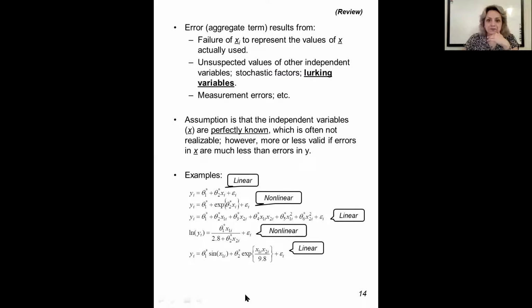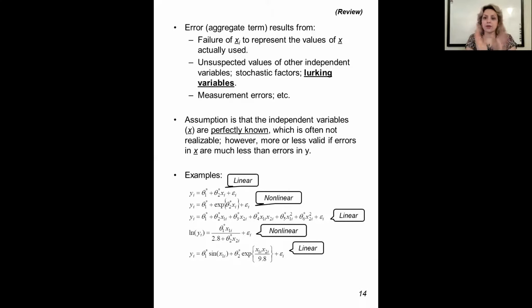Here we are talking about the sources of the errors that we have. We are going to talk about error a lot in this course, and you will see that some error comes from the dependent part of the model, and some of it comes from the independent parts of the model.